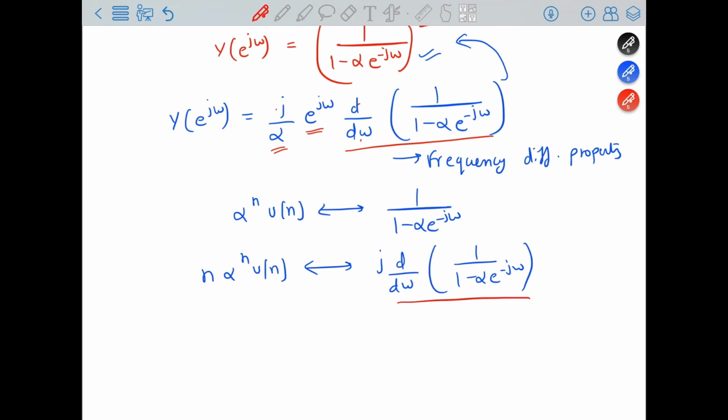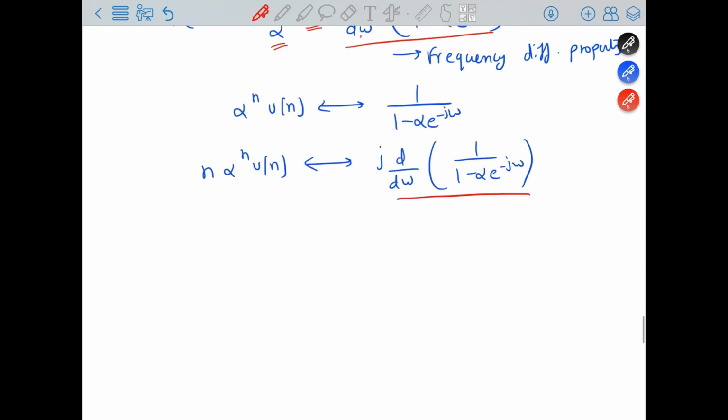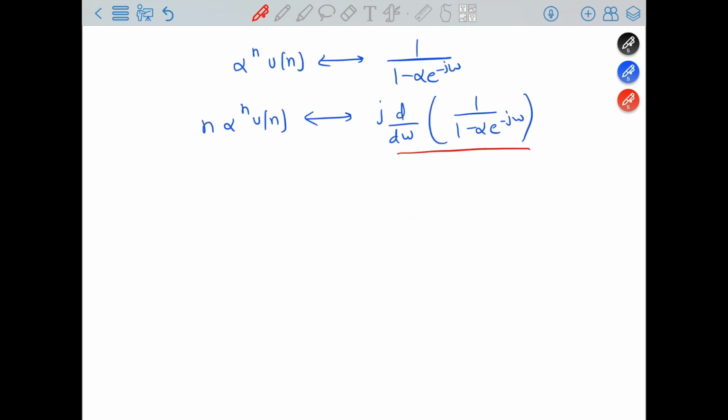Yes, it will be a time shifting operation, a time advance of 1 unit. We want an e^{jω}, so we just shift our signal by one. So we'll get (n plus 1) alpha^{n+1} u[n plus 1].